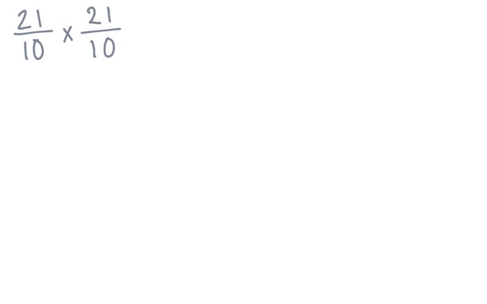Now we have an example with fractions. So we have 21 tenths times 21 tenths. And like I said previously, we're still going to be writing this in parentheses when we write it in exponential form. So we're going to have parentheses, 21 tenths, parentheses, and it's being multiplied twice. So that is to the power of 2.